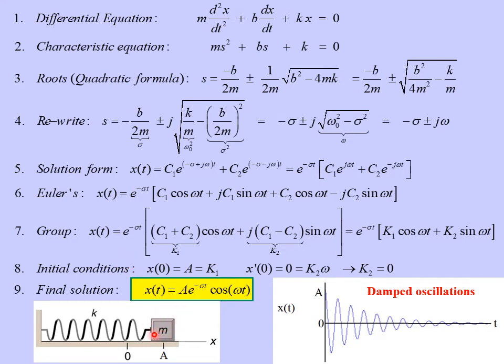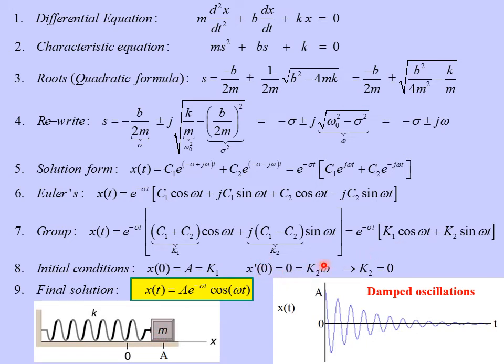The last step here is to apply our initial conditions. The mass at time 0 is over here at A. So x of 0 is equal to A, and you can see when you plug in t equals 0 into this equation, you end up with A must equal K1. And the other initial condition is it starts from rest because we let it go right here at time 0. So the initial velocity is equal to 0.